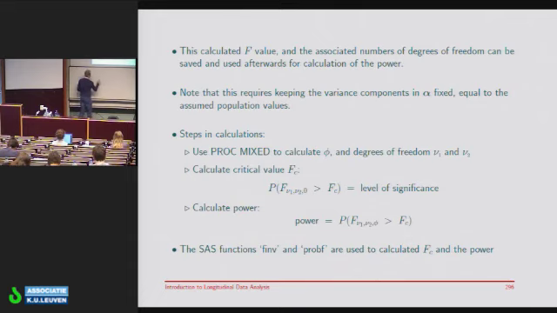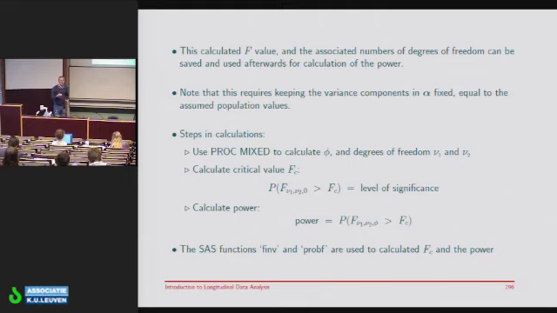You will calculate the critical value. Here it's denoted by F critical, FC, and that's defined as the value such that to the right of that value you have alpha probability, your significance level.